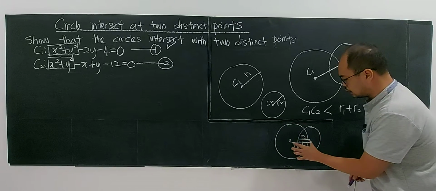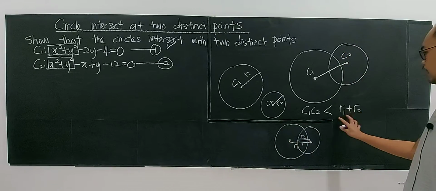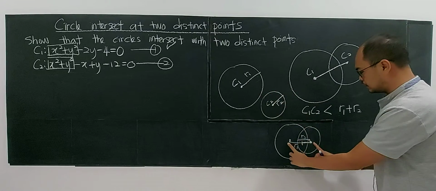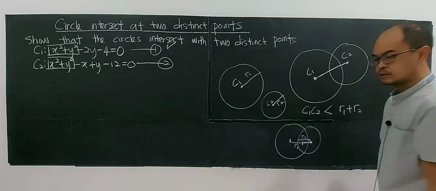So the total of these two radii will definitely be more than the distance between the two centers.